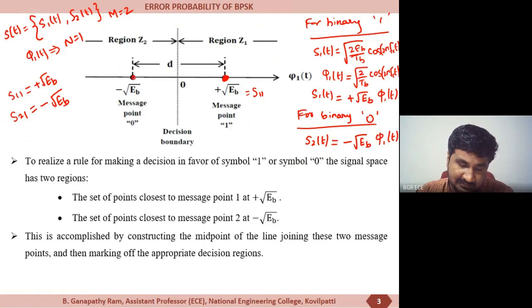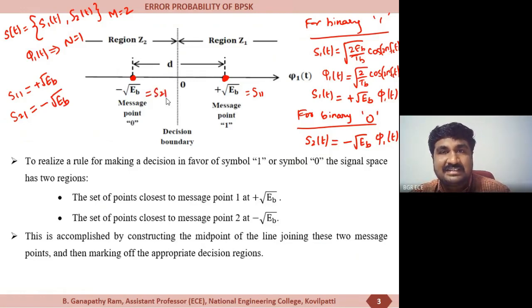And the point in the signal constellation map, minus square root of EB, represents the message point for the corresponding binary data 0, representing S21, which indicates the transmission of the symbol S2 of t.